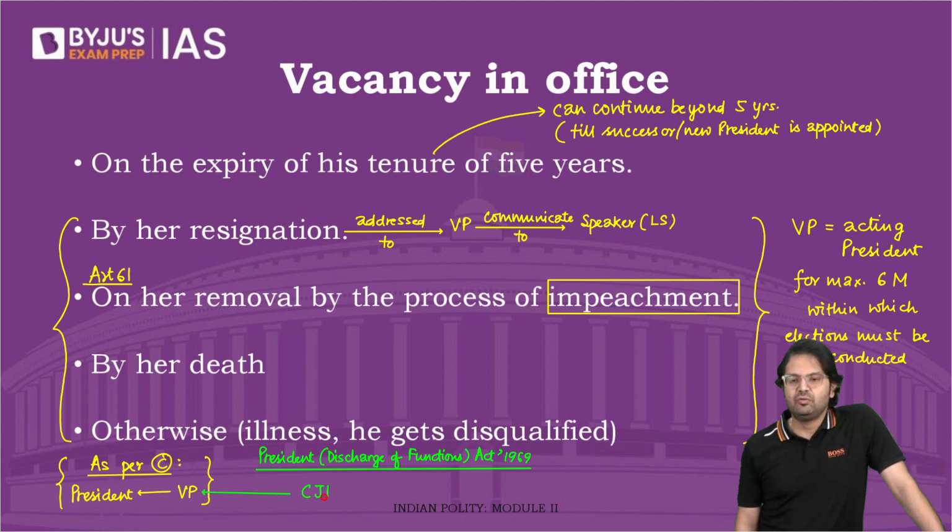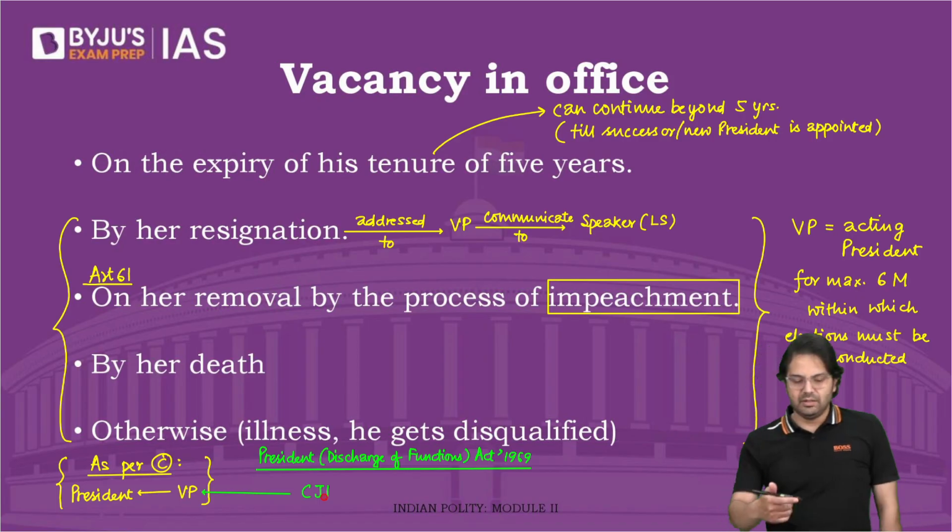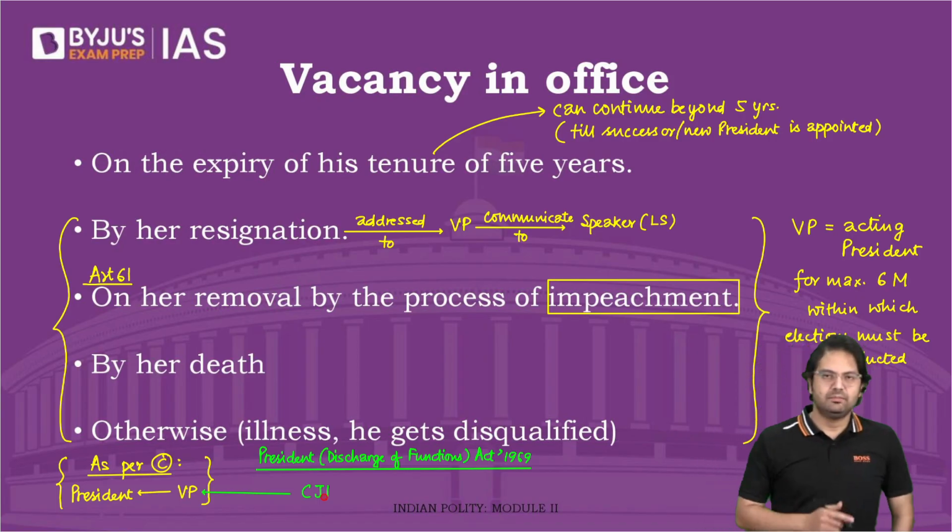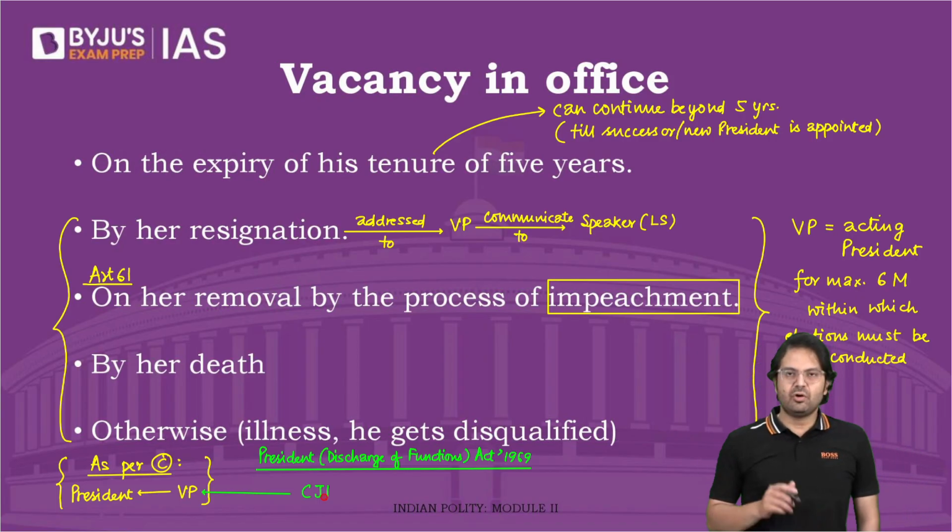So this is there with respect to vacancy. Now, as I said, there is also one way in all these things, that is removal by a procedure called impeachment. Impeachment is the procedure used to remove the Indian president.